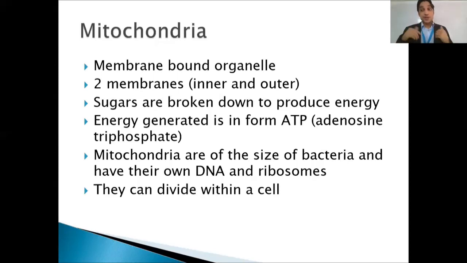But mitochondria has its own DNA and its own ribosomes, so they can prepare their own enzymes and execute the function without any dependency on the nucleus. It's a very special thing. That is why they can divide independently as well. So when the cell divides, the mitochondria divides as well.